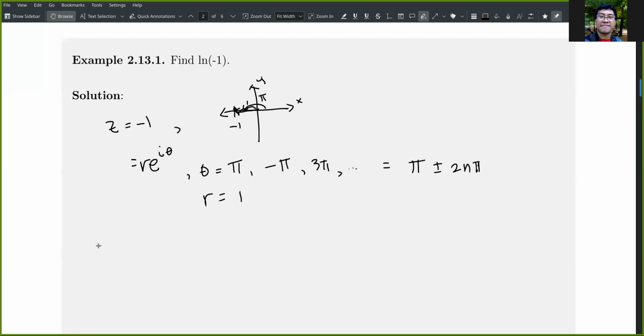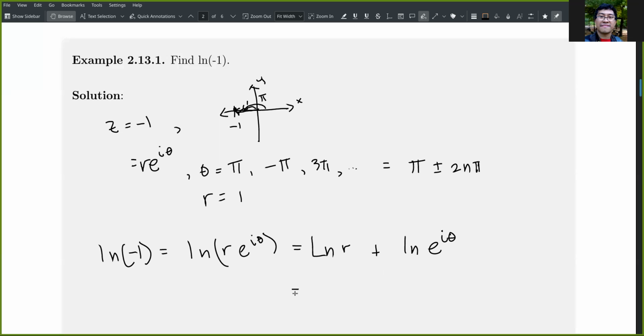So that here, ln of negative 1 would be ln of r e to the i theta, or ln of r plus ln of e to the i theta, which is just ln of r plus i theta, ln of e, which is 1.